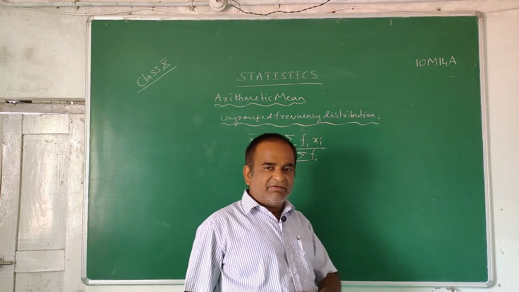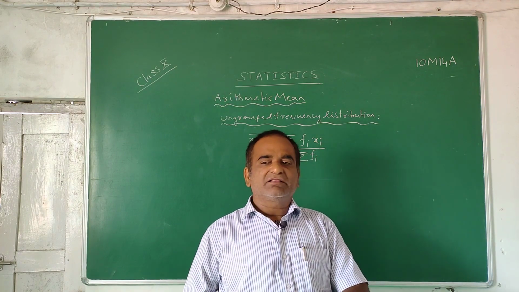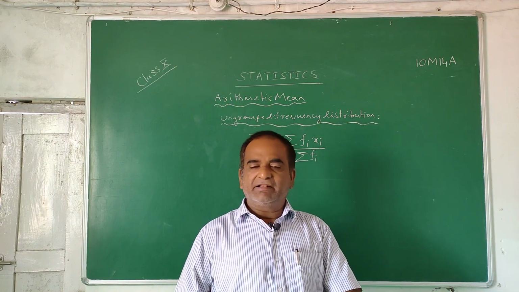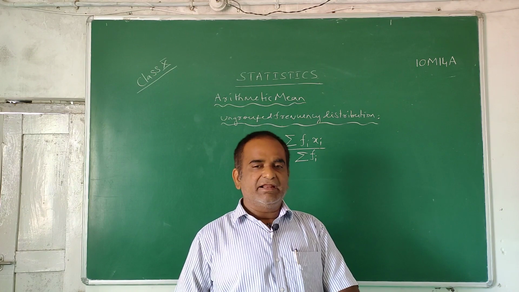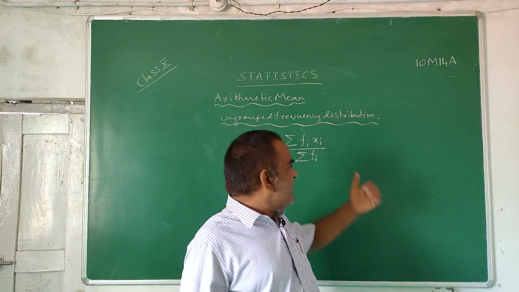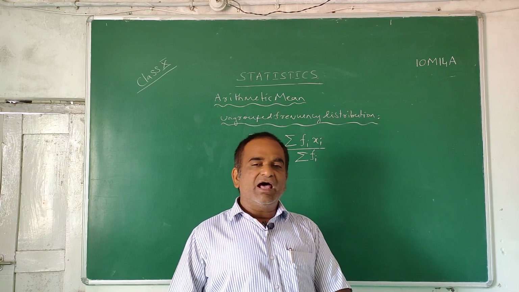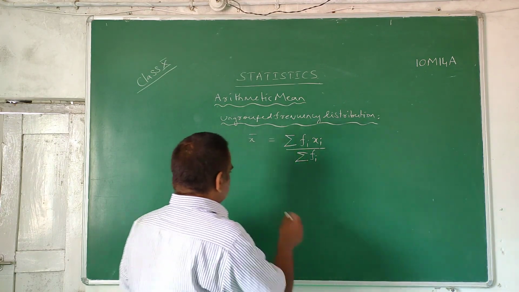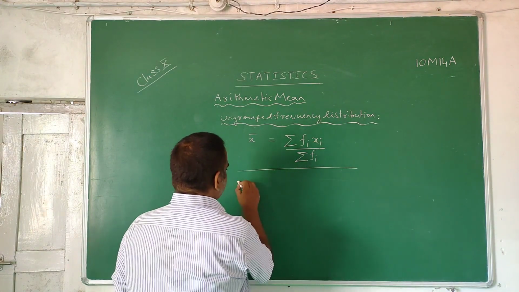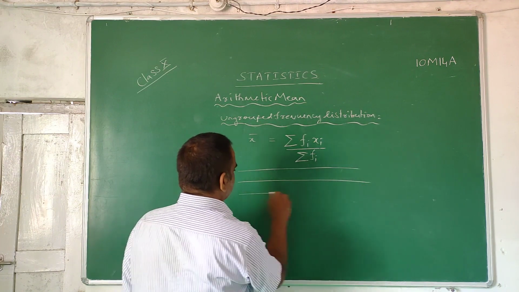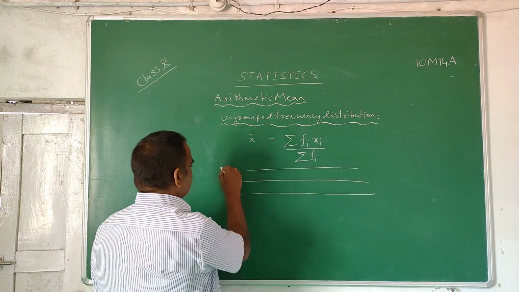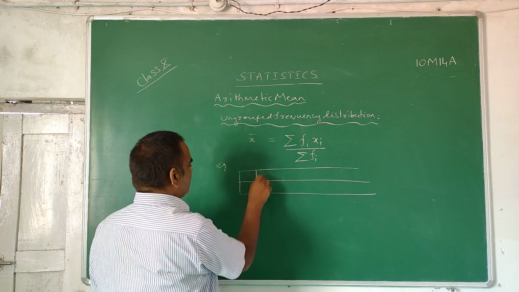So class frequency and class marks are to be multiplied and the products must be added, and this sum should be divided by the sum of the frequencies. Then the quotient would be the mean. Suppose let us take a problem as an immediate example to calculate mean.